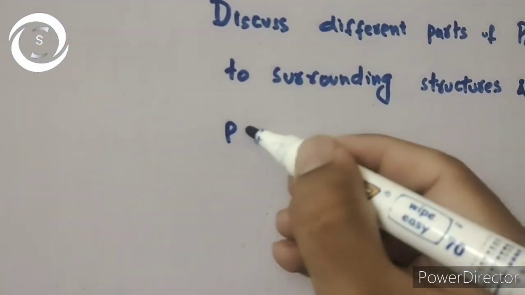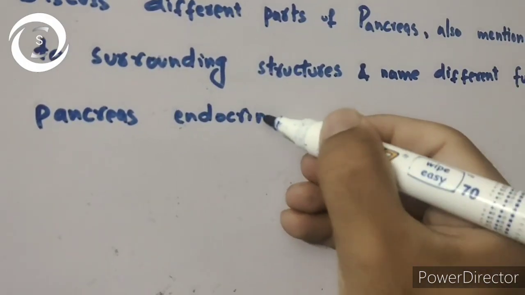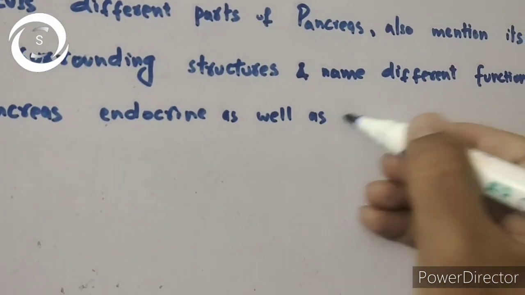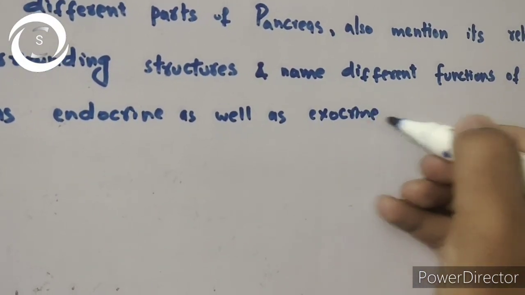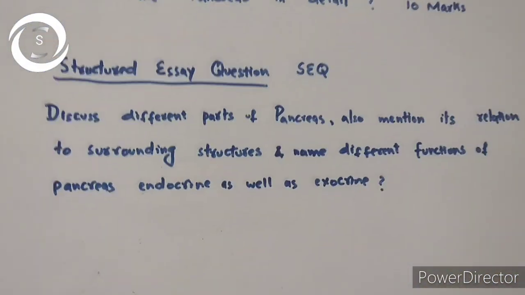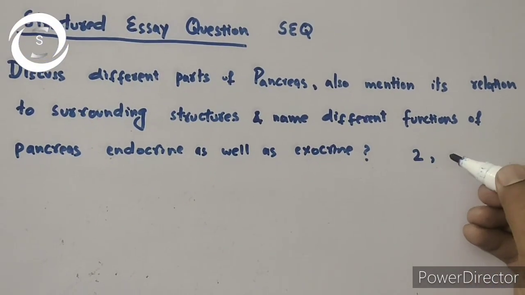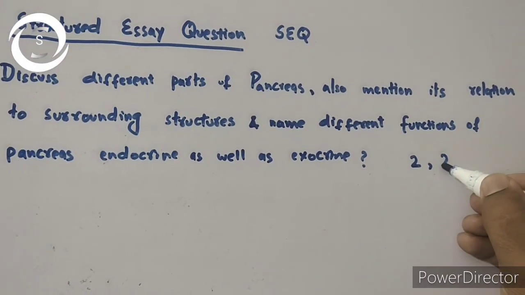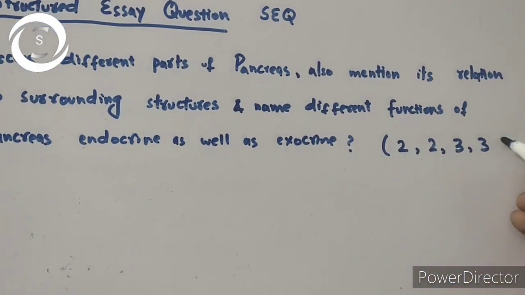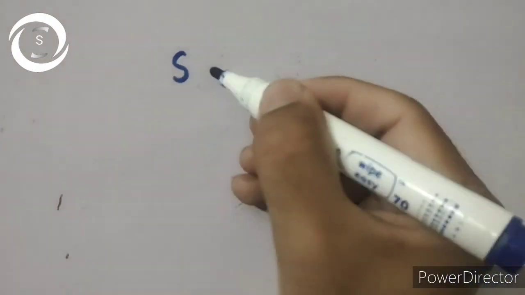So it is not only easy to attempt for students, but also very easy to mark for examiners, because the question is divided into different parts, and marking is also split like 2, 2, 3, 3. So now it has some purpose. That's how the structured essay question, SEQ, is different from the long essay question.